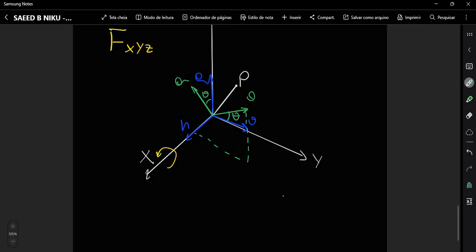So it is cosine of theta times the point P on the unit vector O, and for this one is going to be the decomposition of the point on the unit vector A, times the sine of theta.